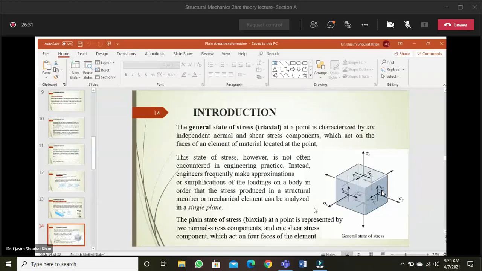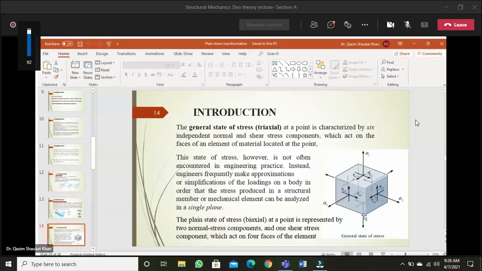Yes, sir. Now, similarly, you have this face 5, and you have these normal and shear stresses, and on face 6, the bottom one, you can see these grayish lines which are representing the complementary normal stresses and shear stresses acting on the plane.